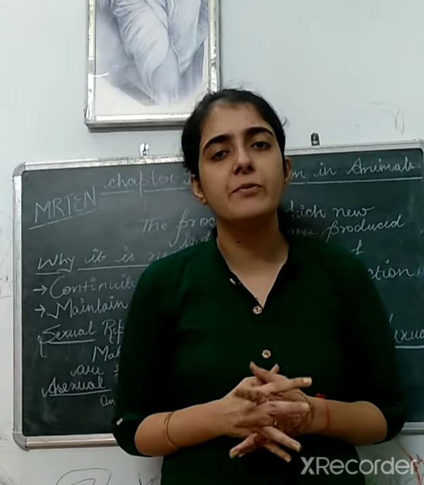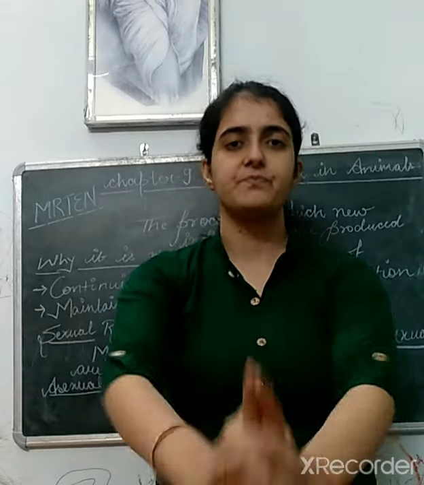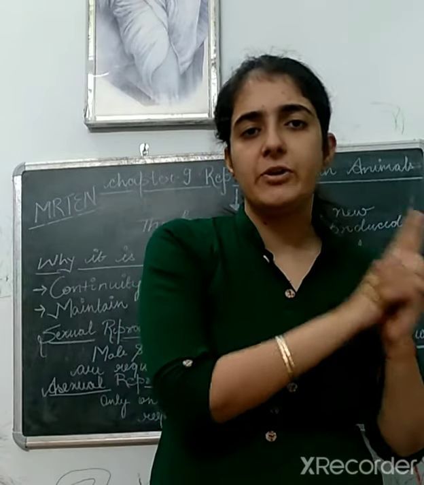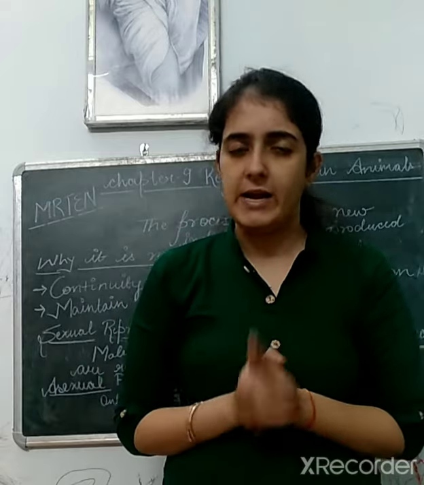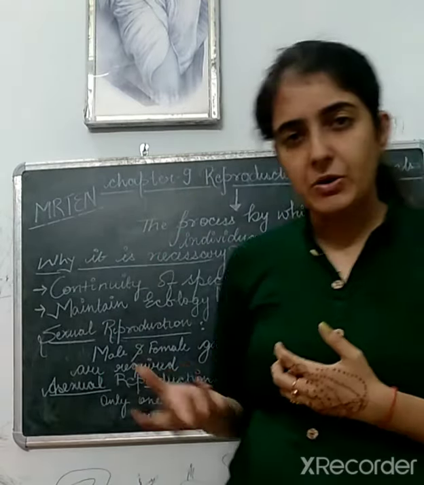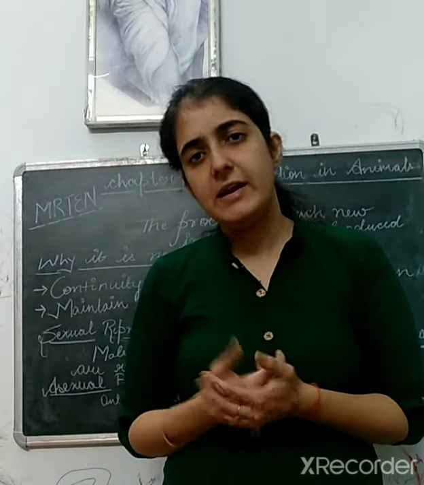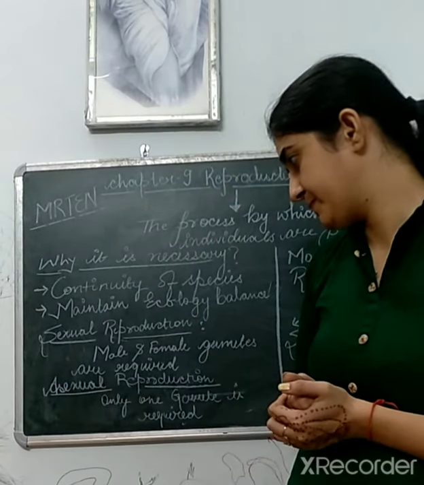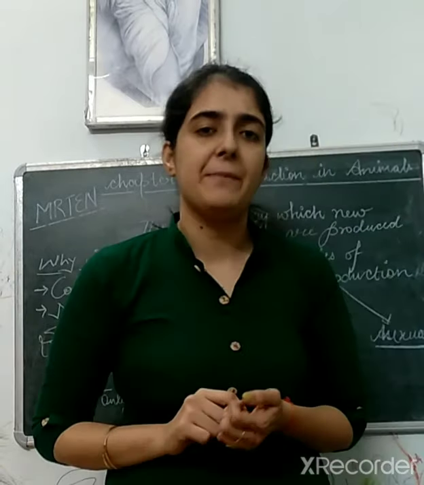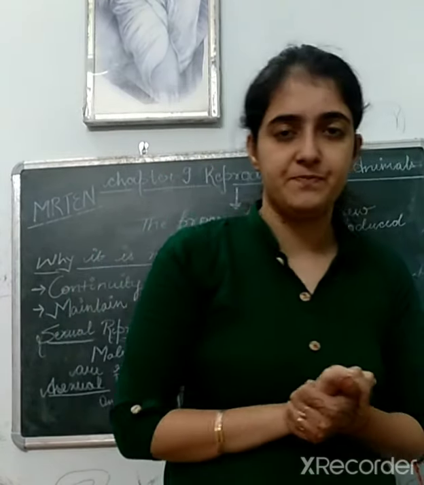So asexual reproduction is where only one gamete is required to produce a new individual, and it mostly happens in microorganisms and in some plants, right? Now the word gamete means what?